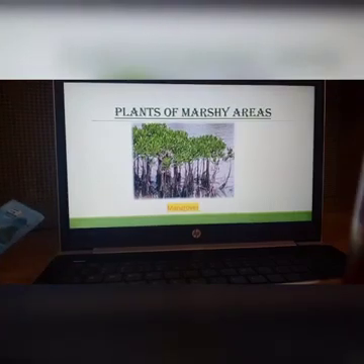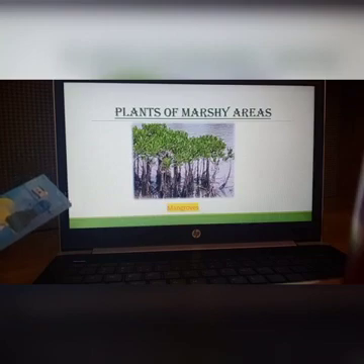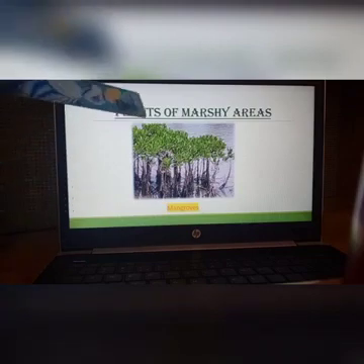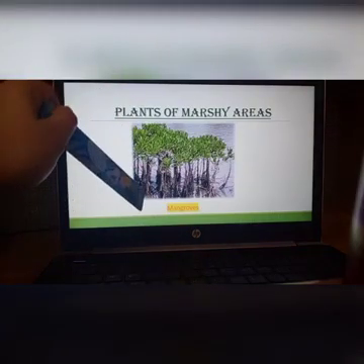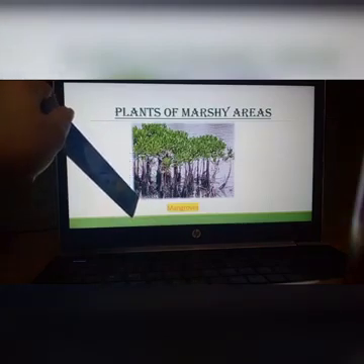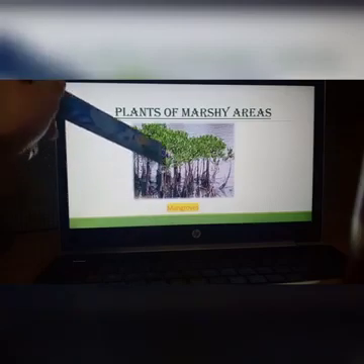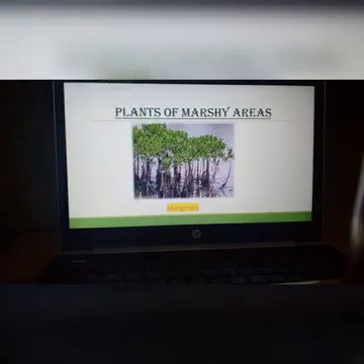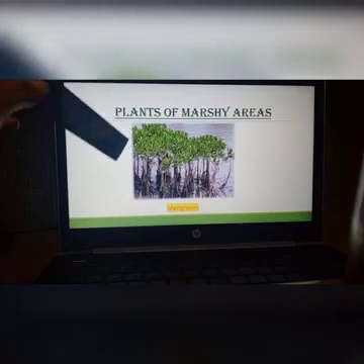So this is how the mangrove plants survive in the marshy area, because they grow in a soil where there is no air present in the soil. That's why the roots of these plants comes out of the soil and acts as a airy root to get air from the surrounding atmosphere instead of soil. So they are the mangrove plants.